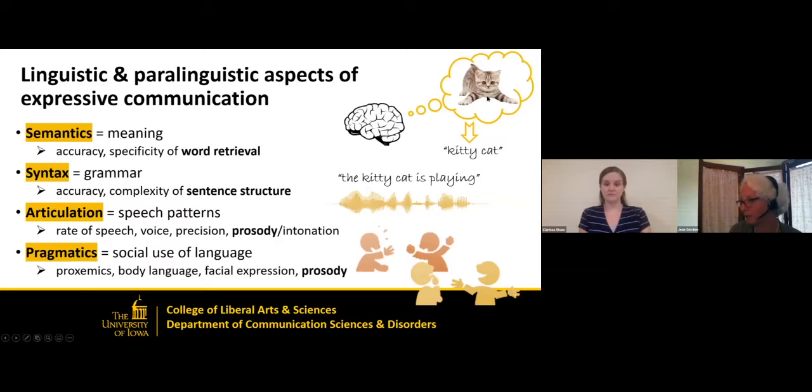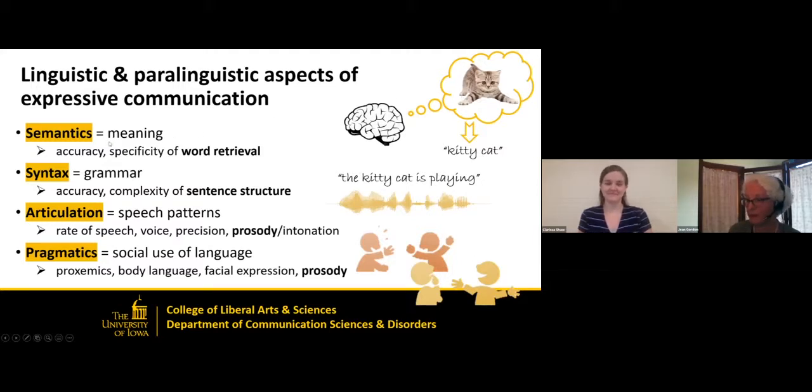So this simple idea, we could say cat or kitty or kitten. And what words you choose also conveys certain aspects of meaning. So saying kitty cat might convey that we think this cat is very cute.